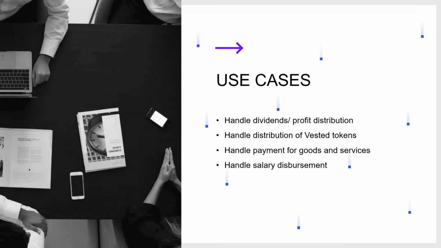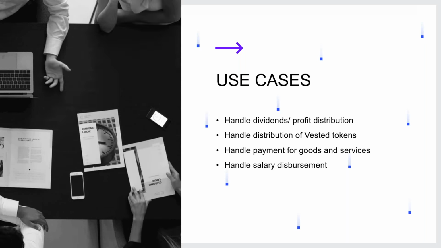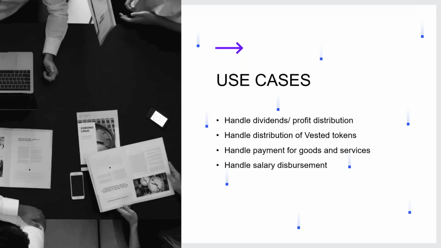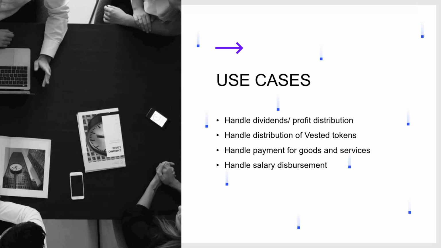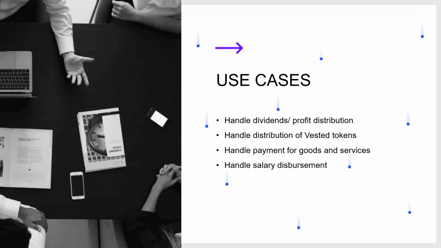you have a token, or you have a system which pays you dividends at a particular period of time, at particular intervals, or at a set time in the future. And obviously, you might have forgotten about the address. You might have forgotten about the transaction. Even if you did not forget about the transaction, having to go and fetch all the addresses in question and then sending it to each one of them can be very cumbersome.